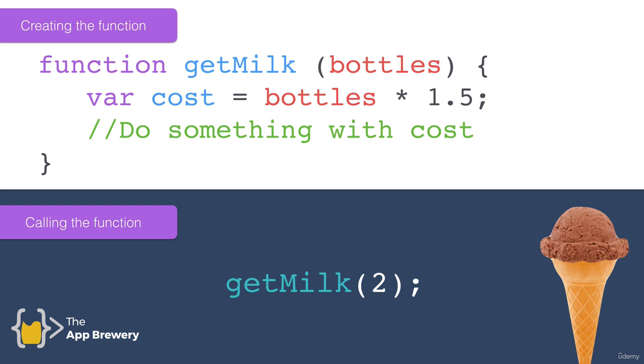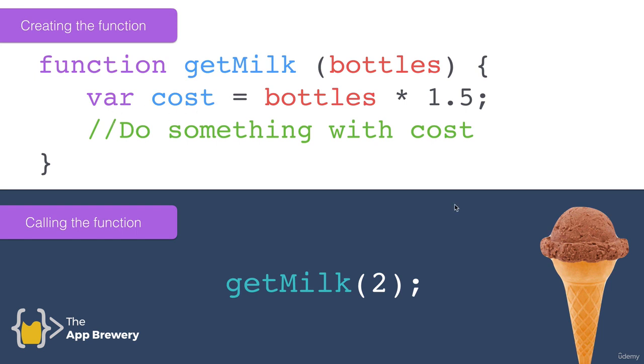And this will get bound to that name bottles inside the function. So if we call this function using get milk parentheses 2, then 2 goes into bottles. So now we have a variable called bottles that's equal to 2, and then we can calculate cost, which equals 2 times 1.5, which equals 3. So the cost is $3.